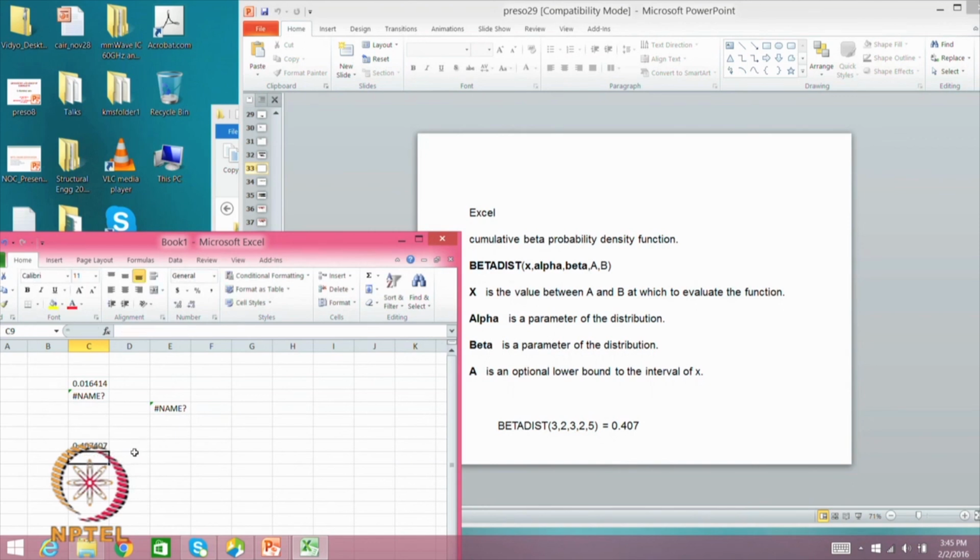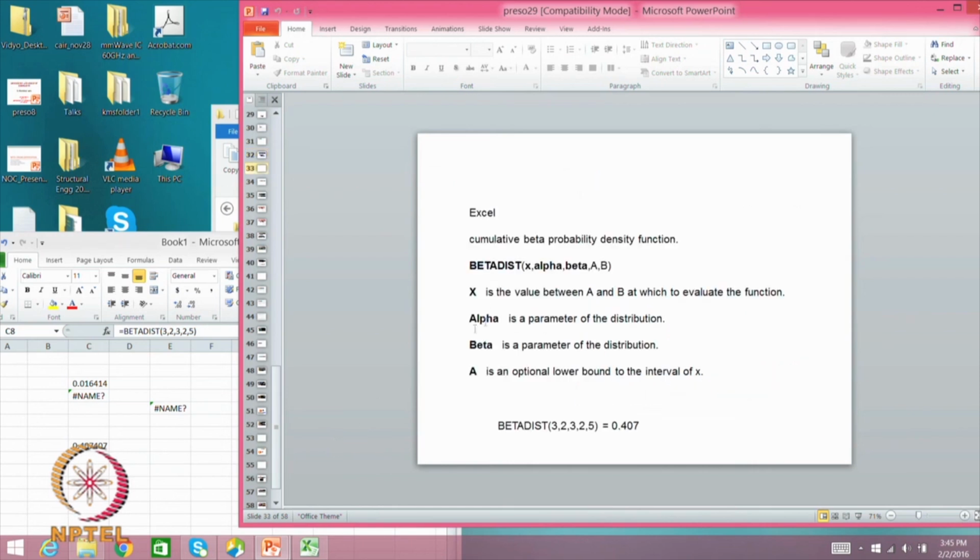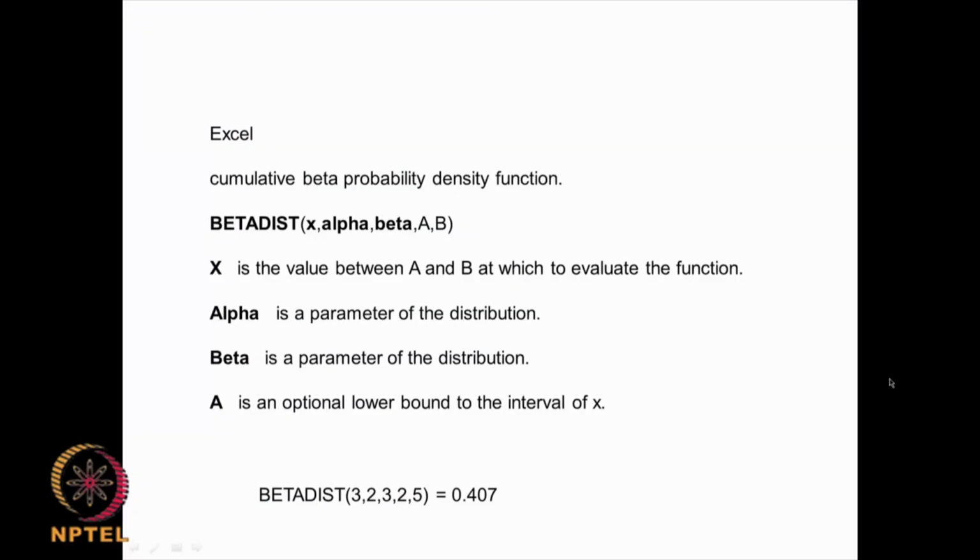So, you get 0.407. So, the probability of finishing it in at most 3 days is 0.407. That is same as what is got by integrating this cumulative distribution function. So, we can use Excel to do the same thing, and Excel has this BETA.DIST command. You want to know the probability at any value of x, and you know the alpha, you know the beta, you know this A and you know the B. So, it gives you 0.407.